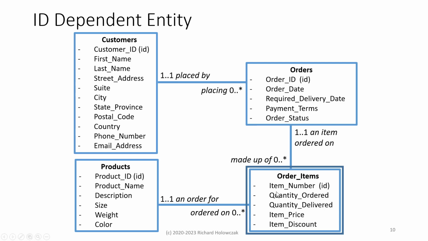And the order items are the variable number of items, including the quantity ordered, quantity delivered, item price, and item discount. One order may be made up of many order items. One order item must be an item ordered on one and only one order. So we have this one-to-many relationship between orders and order items.